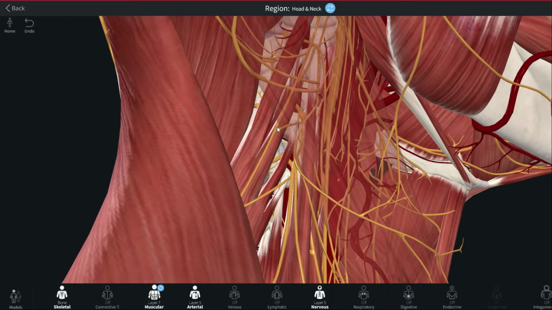So it is not deep to the floor, it is superficial to the floor, but it is deep to the roof of the posterior triangle. In fact, it is adherent to the deeper aspect of the roof of the posterior triangle.